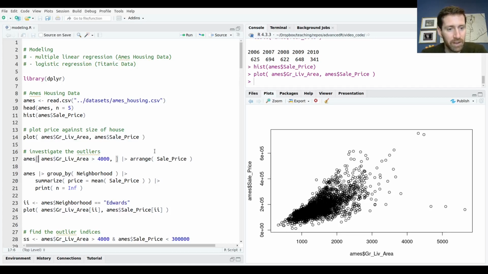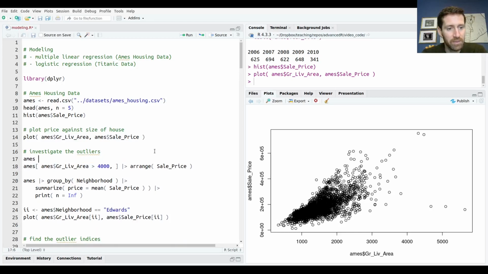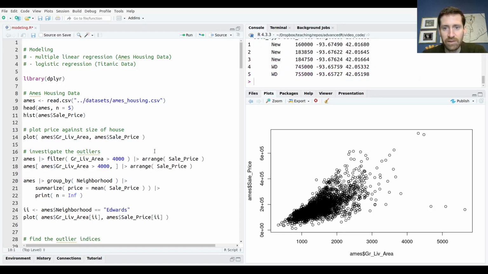I really could rewrite this in dplyr mode, so let's do that, next to it. Ames, filter, gr live area greater than 4,000, arrange sale price. Okay, these should give the same answer.